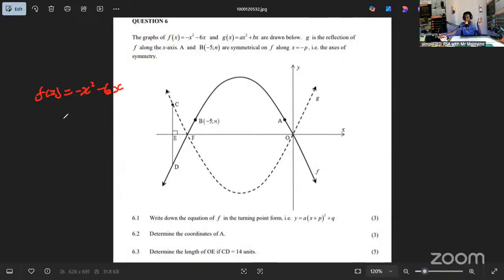The value of a must be positive 1. So the first step would be to take negative 1 out as a common factor. Then we're left with x squared plus 6x. And then the punchline of completing a square is that we have to add and subtract the square of half of 6.